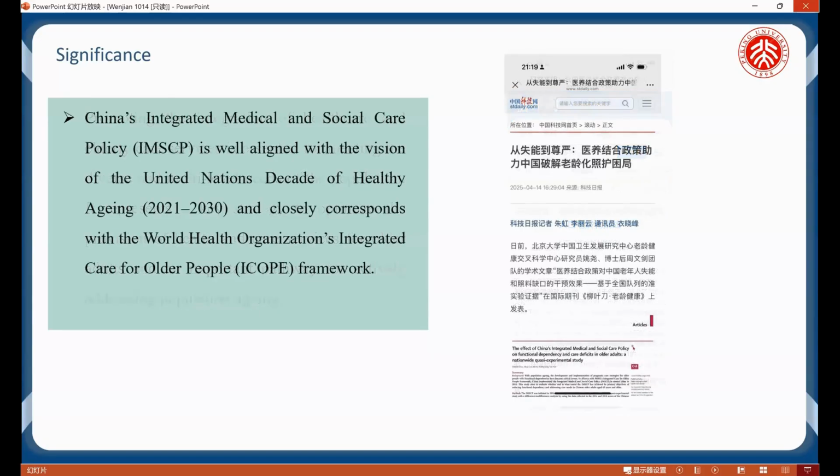China's integrated medical and social care policy is aligned with the United Nations Decade of Healthy Ageing 2021 to 2030 and closely corresponds with the World Health Organization's integrated care for older people framework.